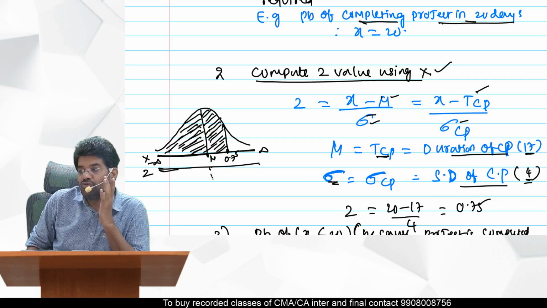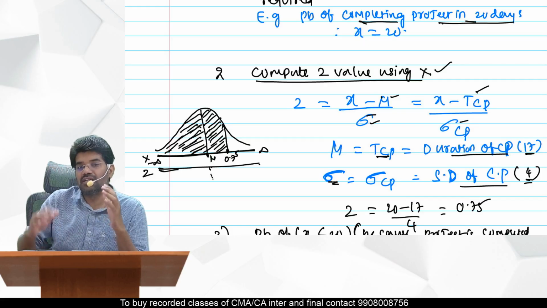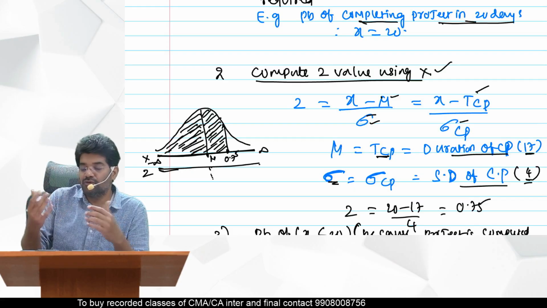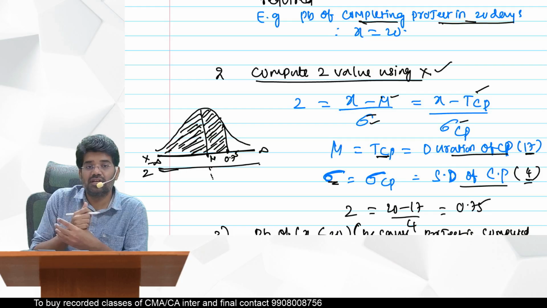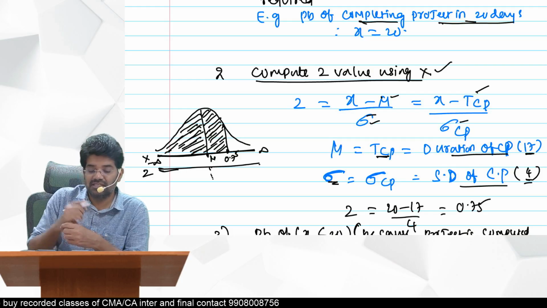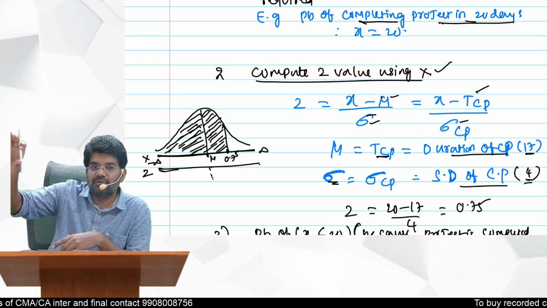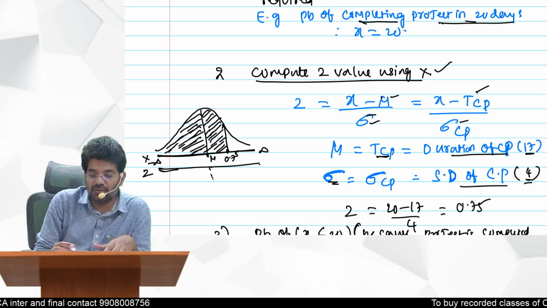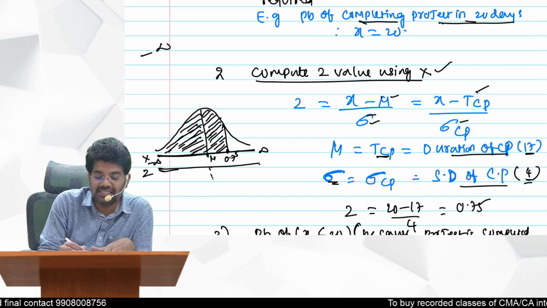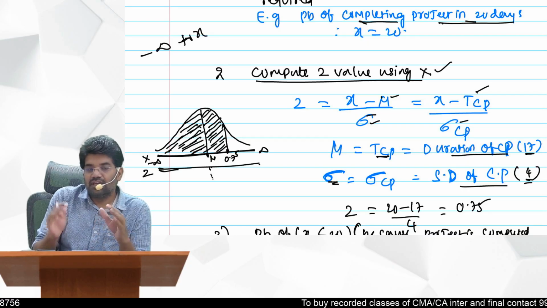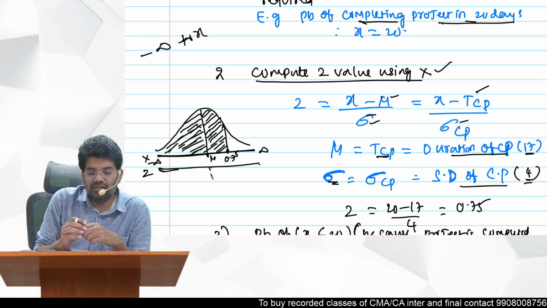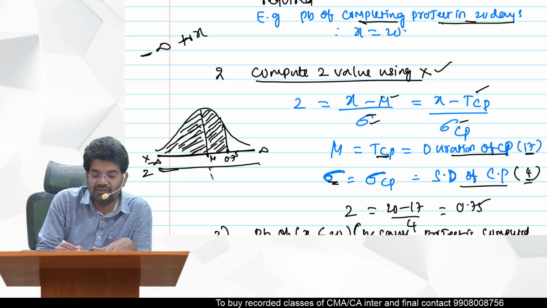If they give you a cumulative distribution table, what does it represent? If they give you a standard normal distribution table, what does it represent? Remember, if they give you a cumulative normal distribution table z value, then it will always give you the value from minus infinity up to the x value.